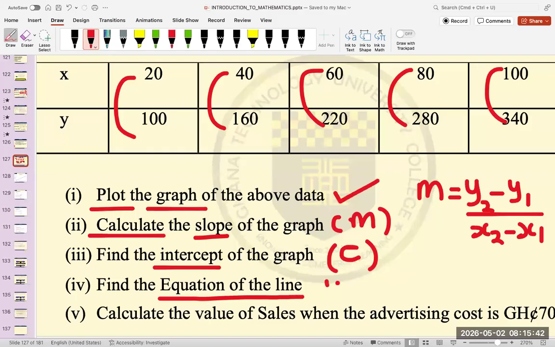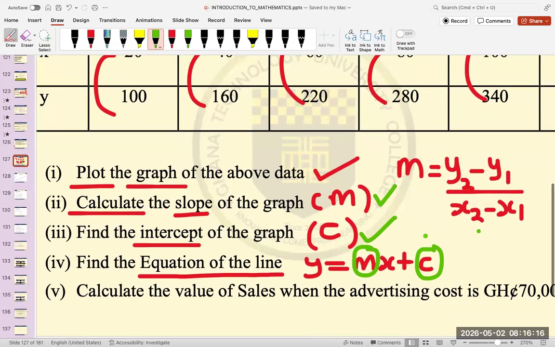So that is going to be y equals mx plus c. So by the time we get here, we have our c already. You can see that we have found our c. So we have c here, we'll just fix it here. And then the m also, we have found it here. So we just fix it here. And then this will give us the equation of the line.